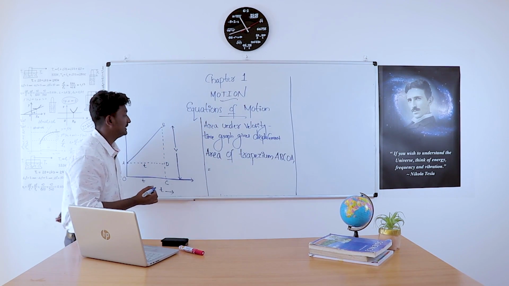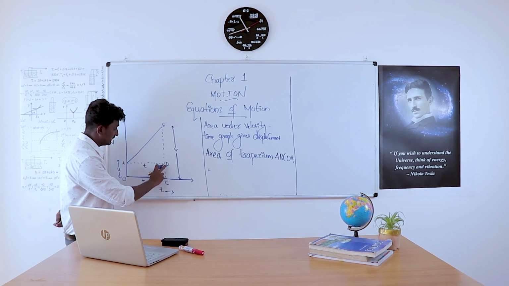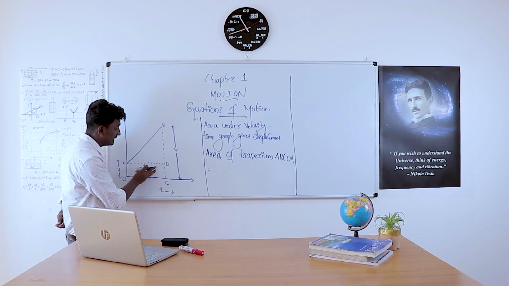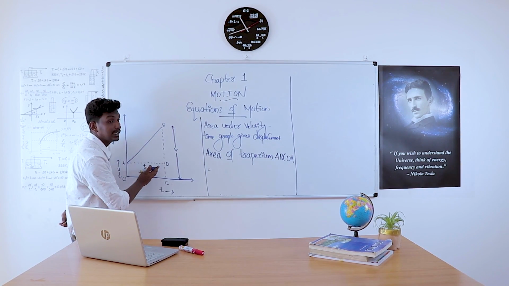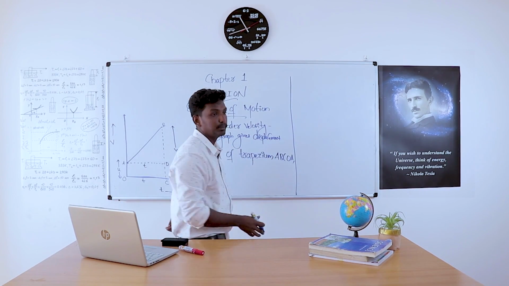I am just splitting this trapezium into two. AOCD is a rectangle and ADB is a triangle. If we find the area of rectangle and triangle separately and then add, we get the area of trapezium.